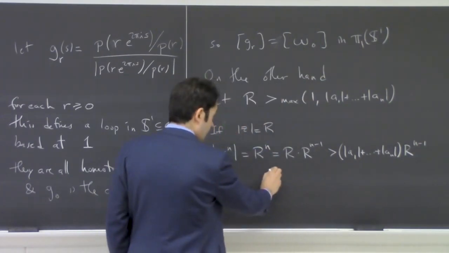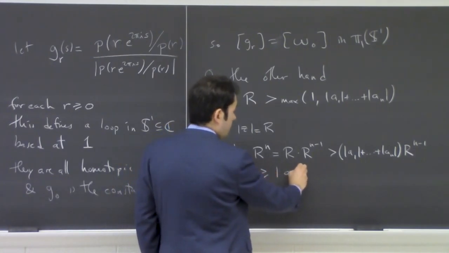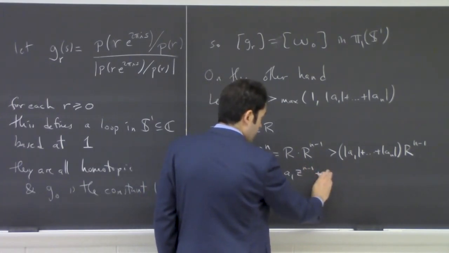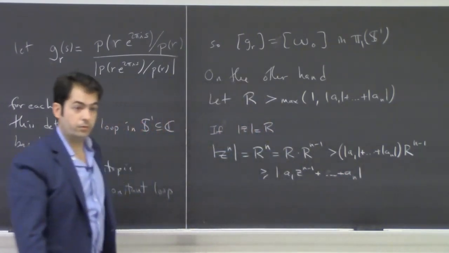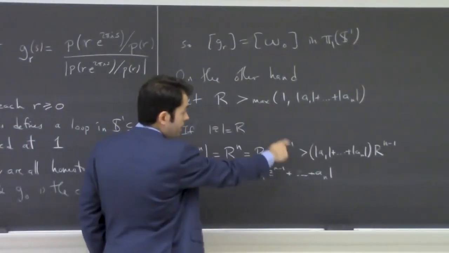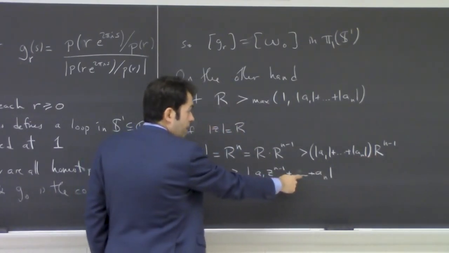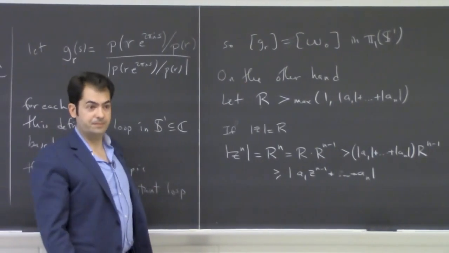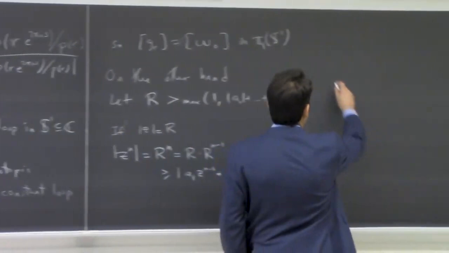And that is greater than or equal to a1 z to the n minus 1 plus so on to an. Right, where of course there we're using the triangle inequality, and we're using that r is greater than 1 to say that, oh, well, this one is bigger than r raised to the n minus 2 or r raised to any power less than n minus 1.